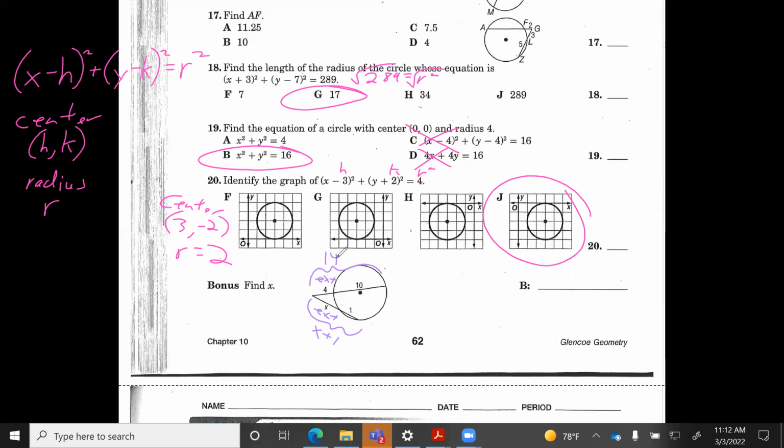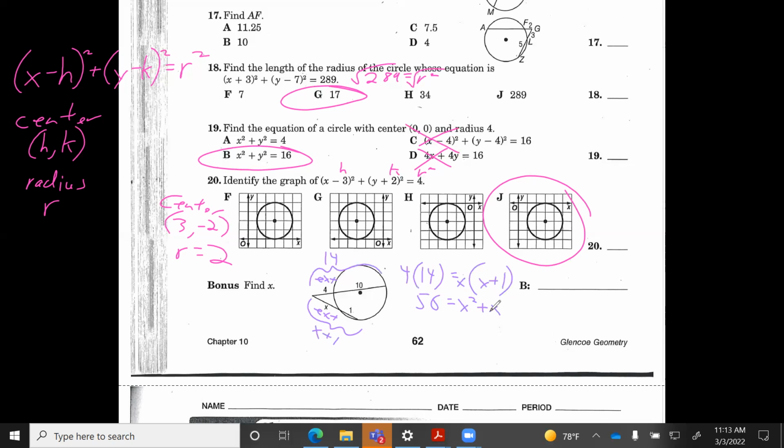So we're doing exterior times whole: 4 times 14, and x times (x + 1). The setup's okay. We can even do the next step where we're simplifying. Distribute, and you get 56 = x² + x.